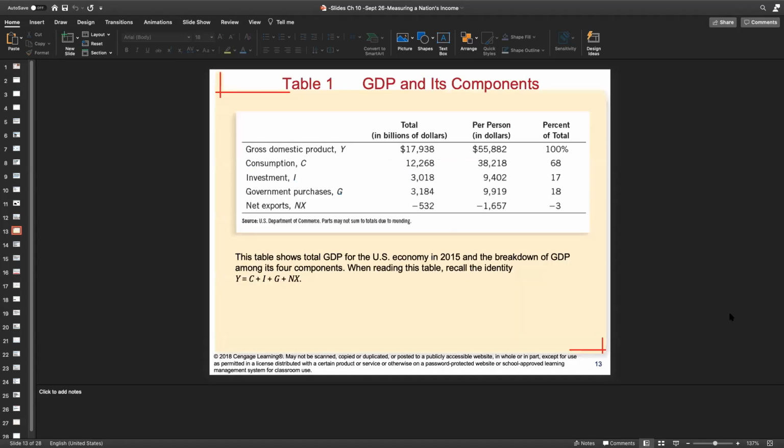Now, again, if we wanted to look at the GDP and its components, in 2015 you can see that these are the components of GDP, and this is the percentage of them.